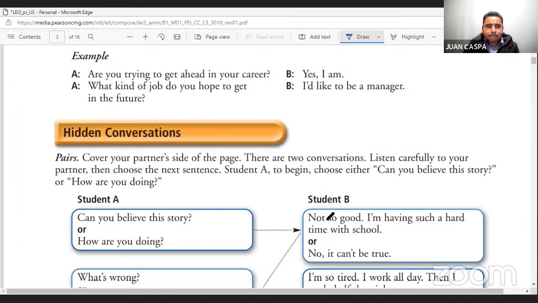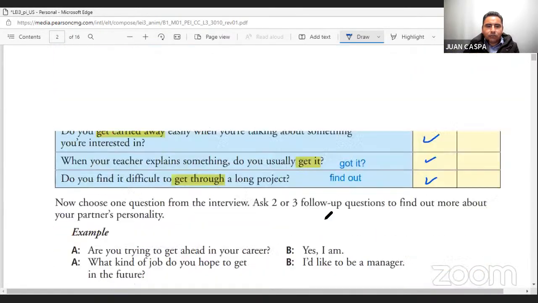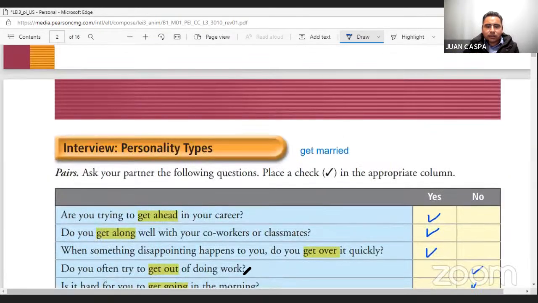Well, and now we're going to continue with something that I had for you. It was there. Well, I'm going to share that one more time, but let me open what I had in mind.